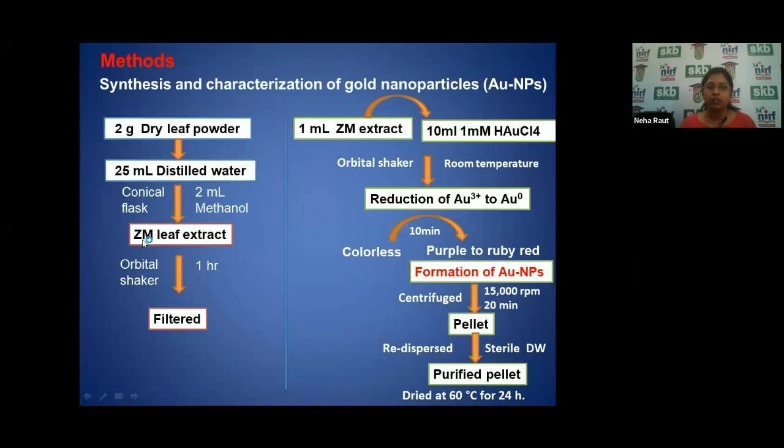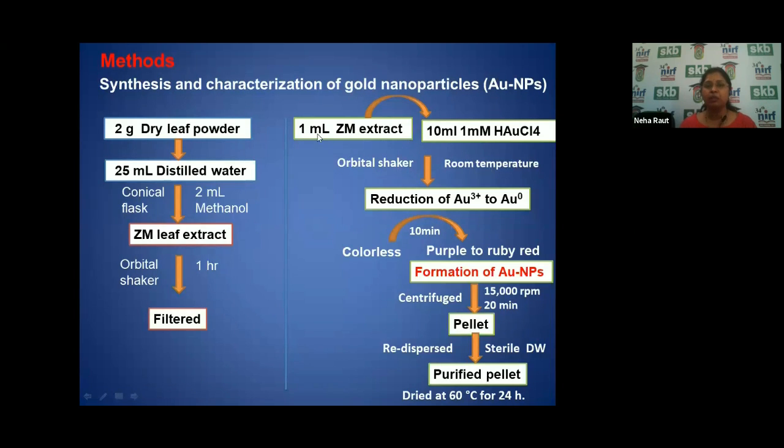This leaf extract is further kept in an orbital shaker for 1 hour. The next step is filtration. After filtering, we can use that extract for the synthesis of gold nanoparticles.